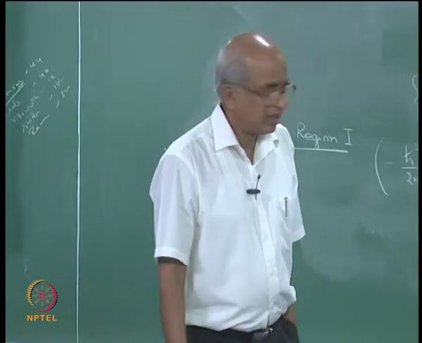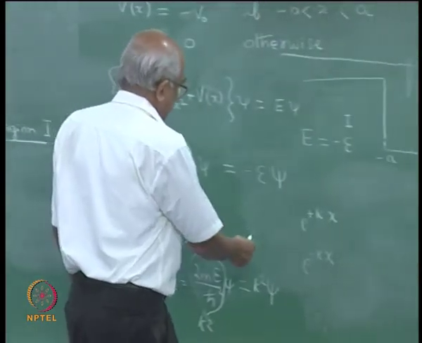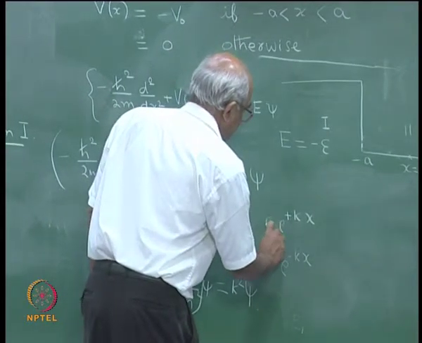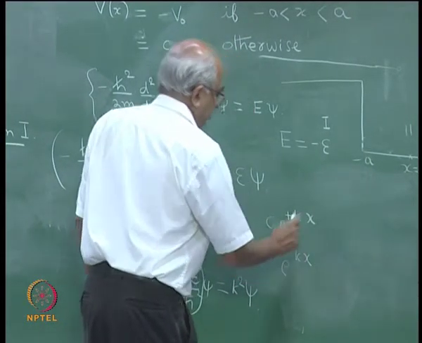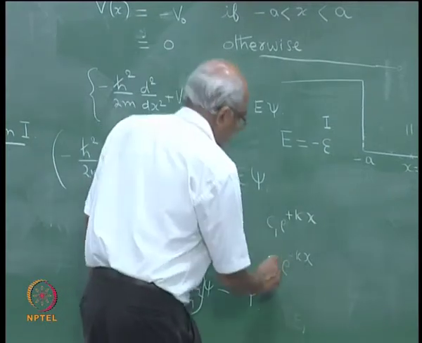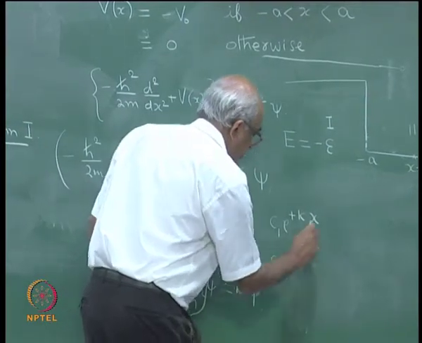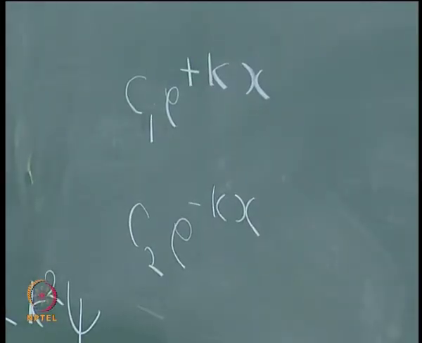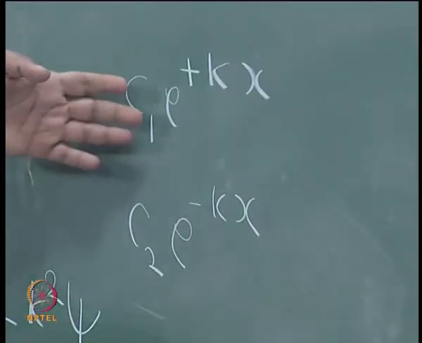Okay. And you can multiply this by any constant that you like. So, maybe you can say C1 e to the power of kappa x and C2 e to the power of minus kappa x.